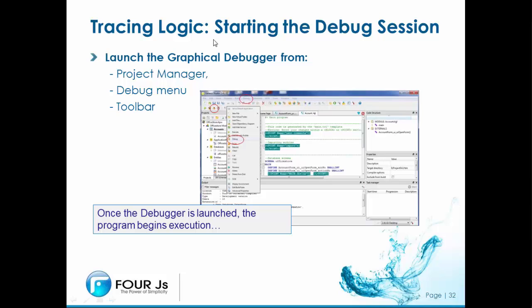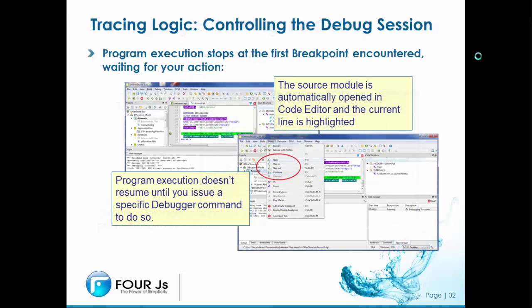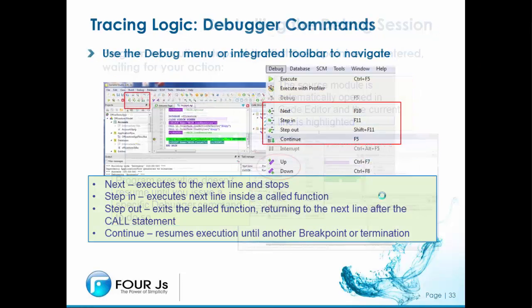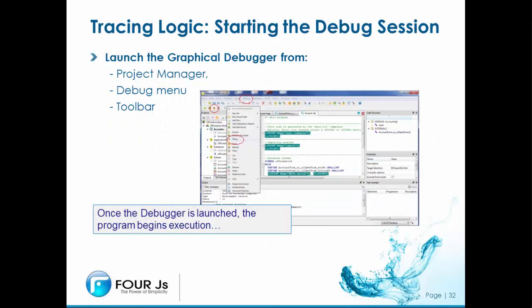Typically, I just right-click on the application and, whoops, didn't mean to do that. Right-click on the application. There we go. And there's a debug option in the context menu. You can also get to it from the debug menu up at the top, if you like.